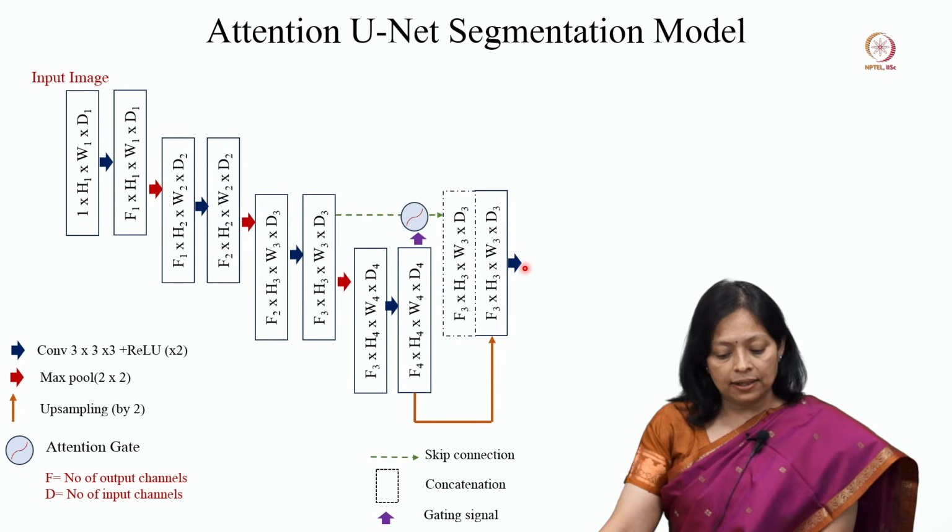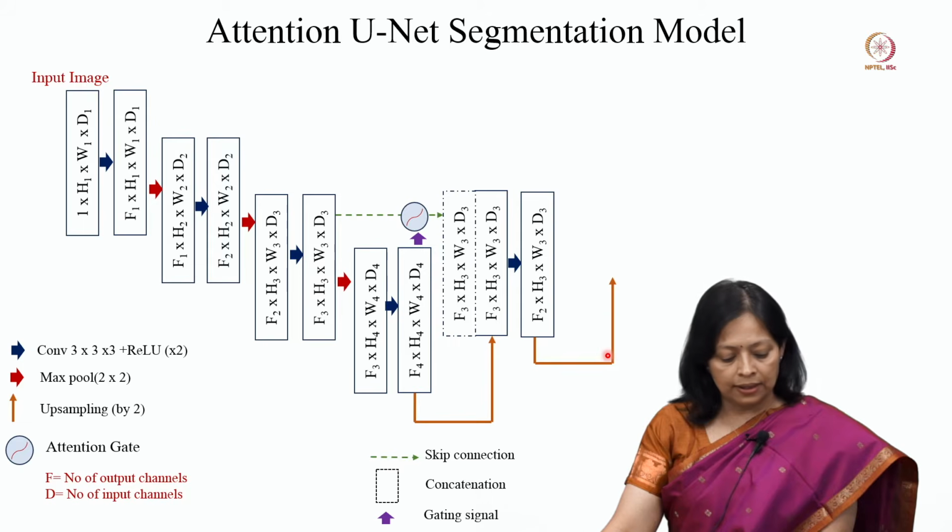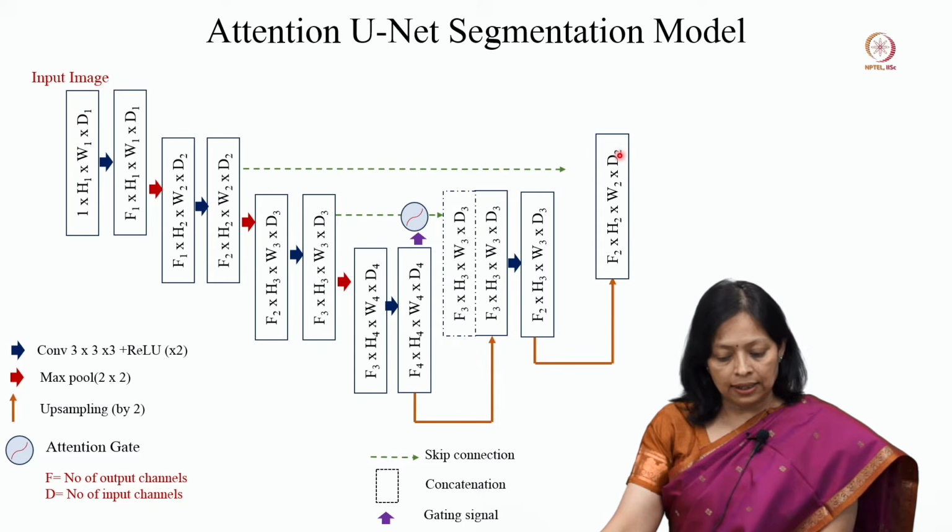And then once again there are 2 layers of convolution, followed by another layer of upsampling. And similarly here, after this upsampling also, we know in upsampling the spatial dimensions become doubled.